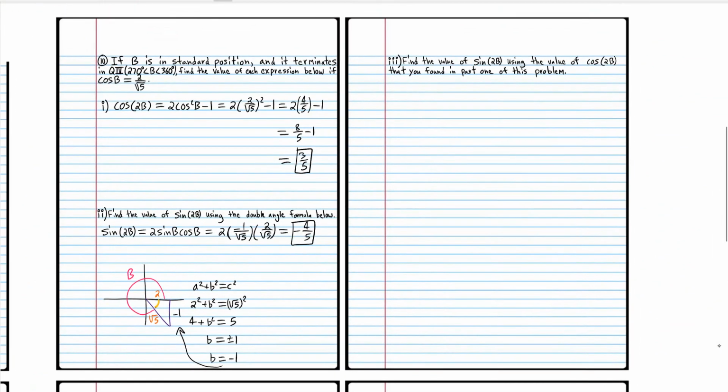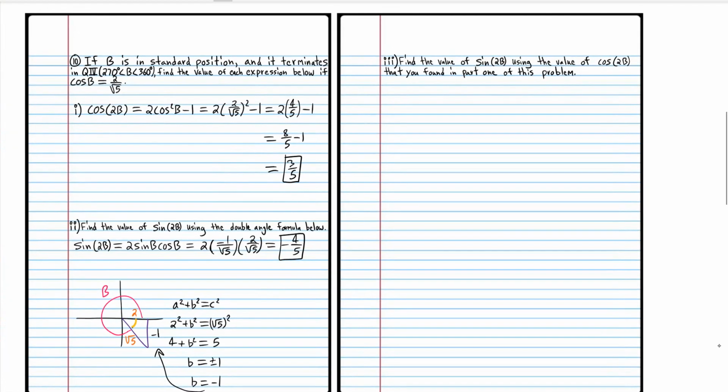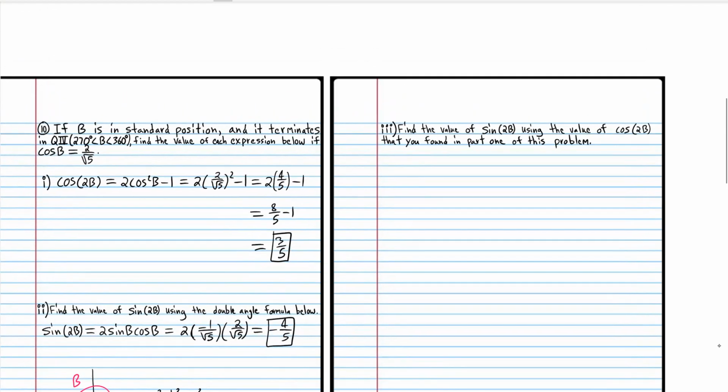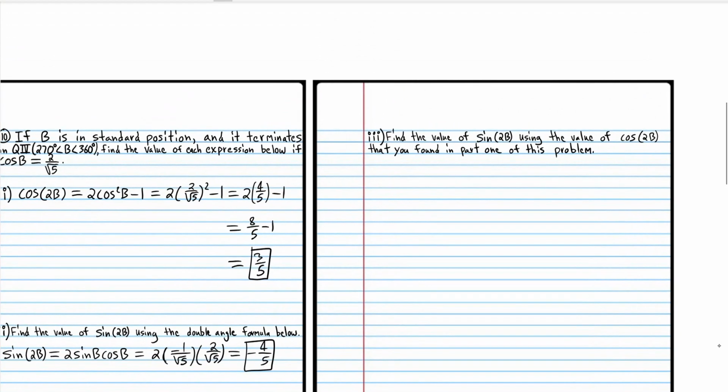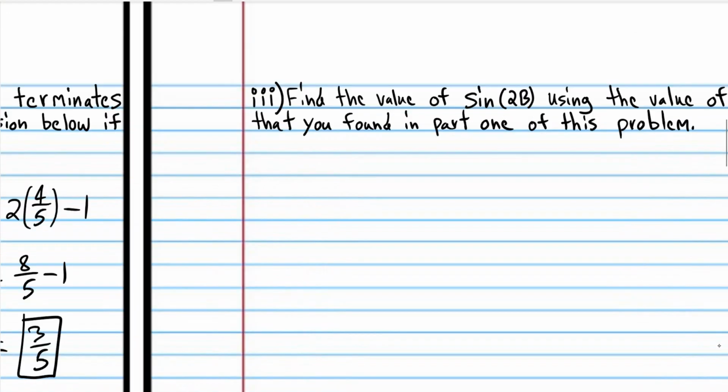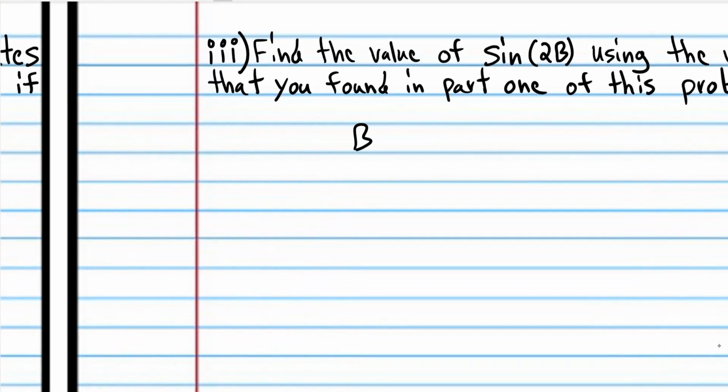Okay, so now we're going to find sine 2b again, but we're just going to use the value of cosine 2b that we found previously. It's just a different method. So we know that b is between 270 and 360. So we want to know where 2b is going to be.